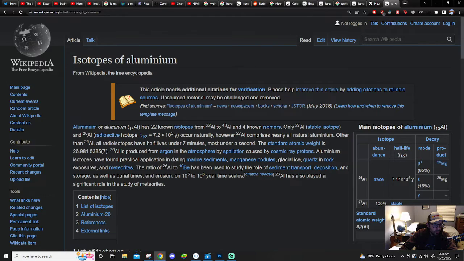So 26 can exist, but it's radioactive. Let's see what it decays into. Produced from argon in the atmosphere.